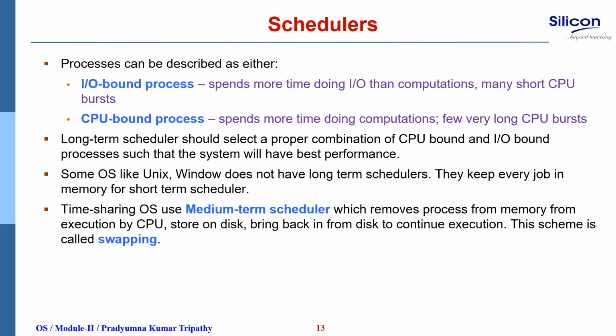That means during execution, a process may be moved out to the disk, and whenever required, it will be brought again from disk to memory. This is known as swapping, and it is done by the medium-term scheduler. Try to understand what the medium-term scheduler does.